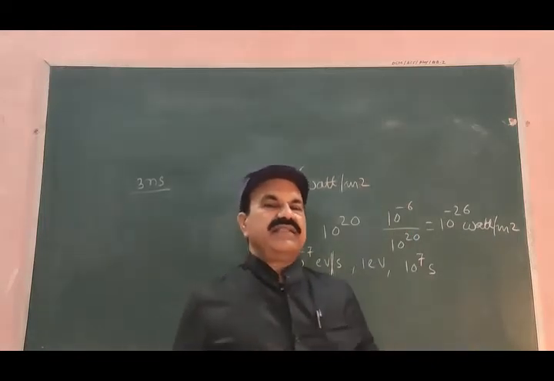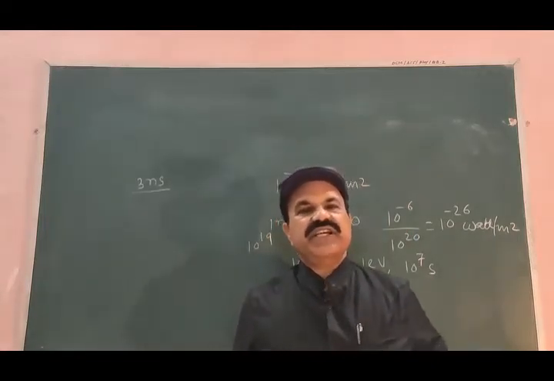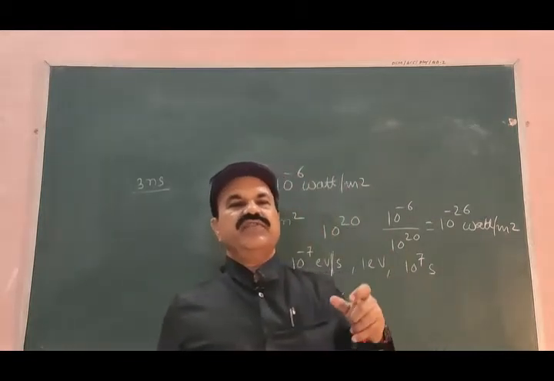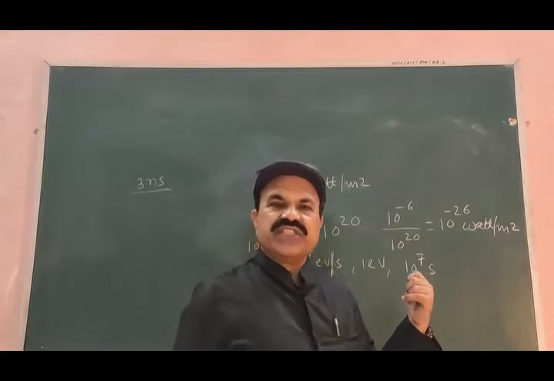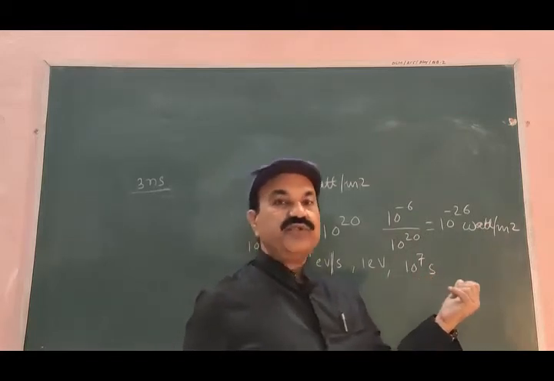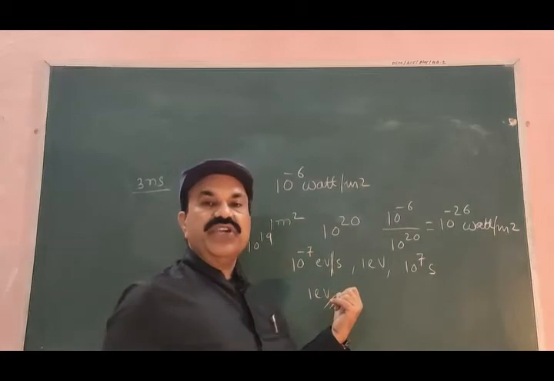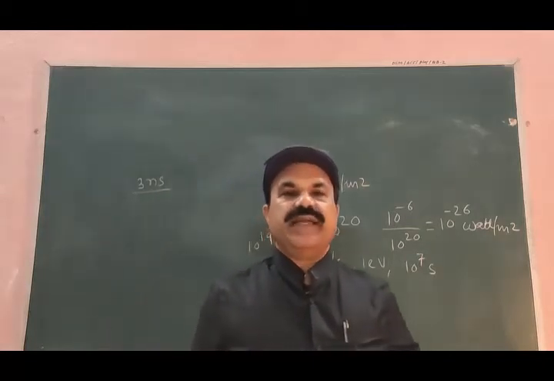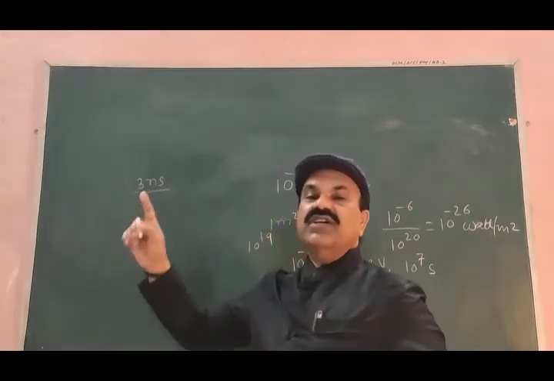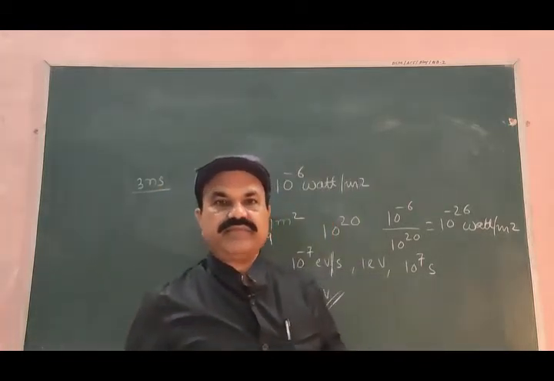It means that the electromagnetic theory of light, or wave theory of light, failed to explain how each atom gains 1 electron volt within no time, of course within 3 nanoseconds.